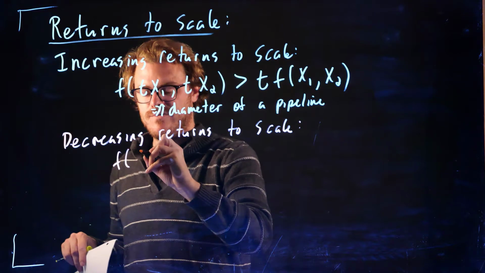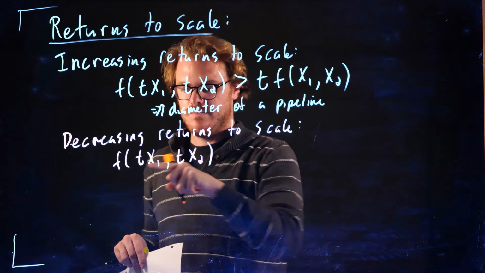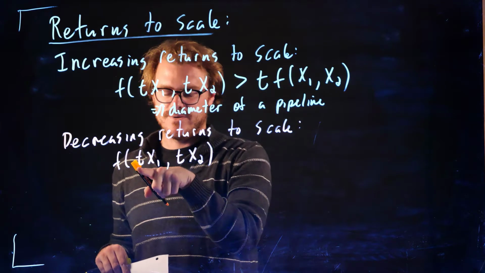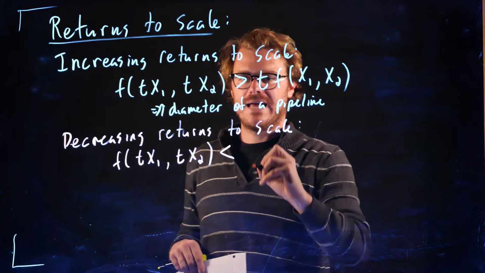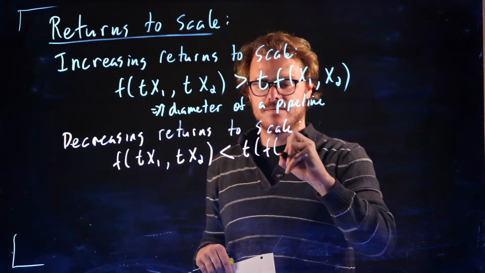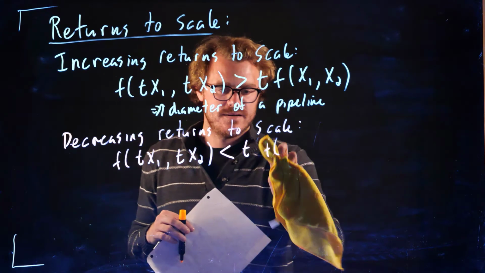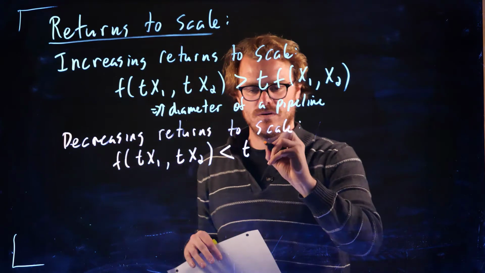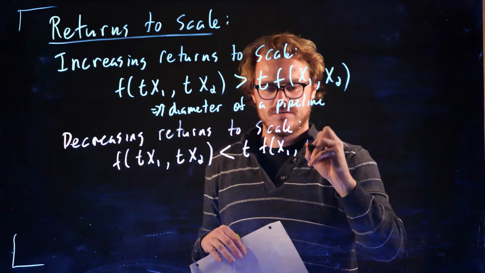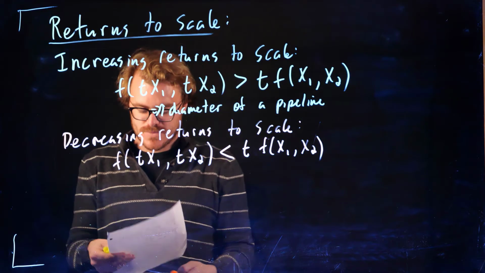If we increase the amount of each input by a constant scale, so t here, think of that as being like 2 or 3 or 10, we're going to get less than t times the old level of production. So this would be decreasing returns to scale.